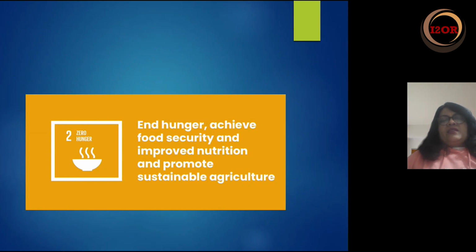As I've already said, zero hunger can be obtained by using this, to end hunger, achieve food security, improve nutrition and promote sustainable agriculture. Through tissue culture, we grow quality planting material, which will not only be able to produce food and propagate different plant species in need, but at the same time we will be propagating virus-free plants, which will have improved nutrition, and thus sustainable agriculture can be obtained.